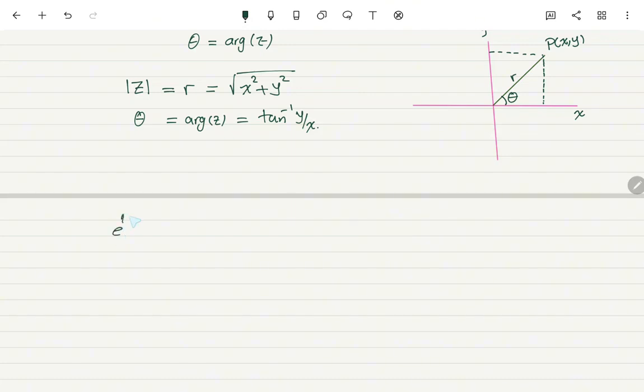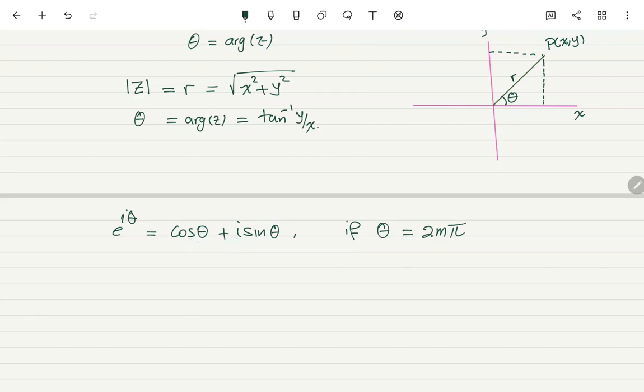Again, e to the i theta is equal to cosine theta plus i sine theta, and from this one, if theta equals 2m pi, now if we substitute, this part is always equal to 0 because sine 2m pi, with m equal to 0, 1, 2, 3, any number, is always 0, and cosine 2m pi is equal to 1.